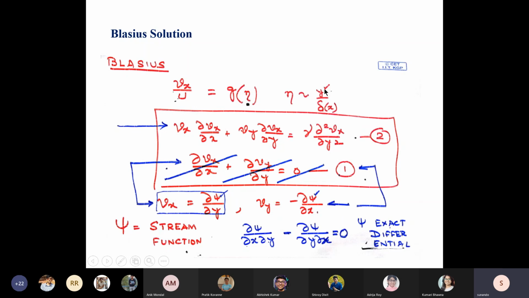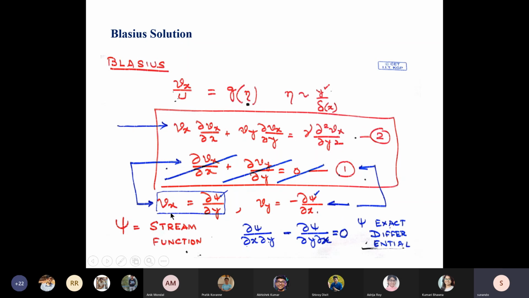The dimensional distance is y, and the non-dimensionalizing factor is delta, the local value of the boundary layer thickness. But we understand that this local boundary layer thickness is a function of x. This equation is to be solved with the boundary conditions that I have already discussed.